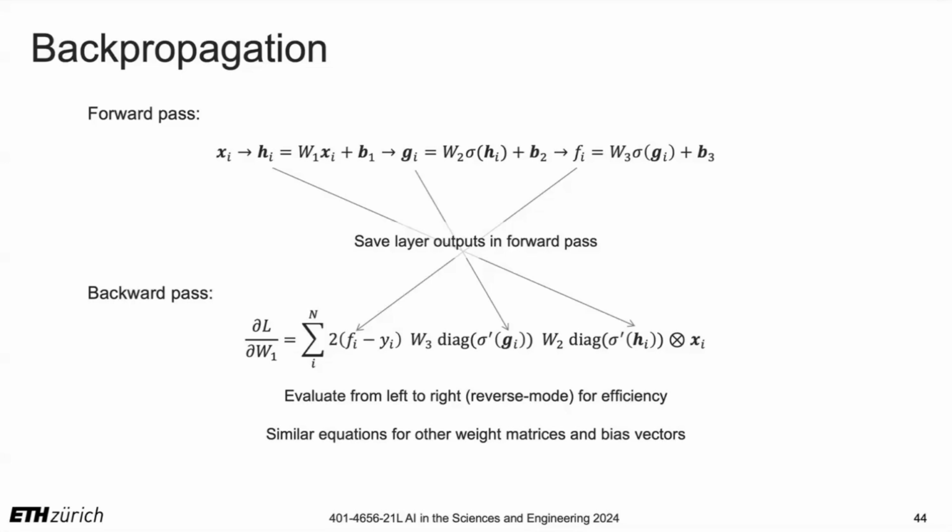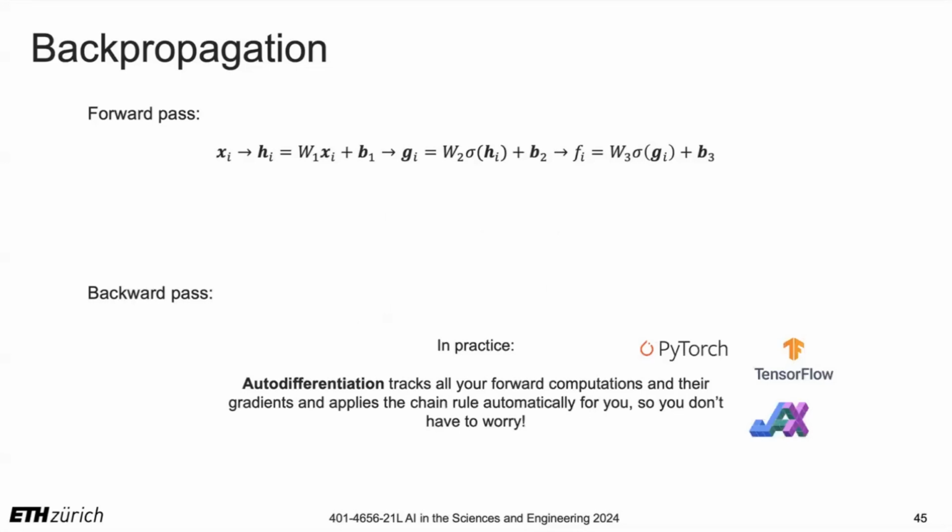You can derive similar expressions for all the other parameters of the network. In practice, we're going to use auto-differentiation to do all of this for us, and we don't have to worry about this when we're practically coding neural networks. All we have to do is define the forward function of the model, and auto-differentiation in PyTorch or TensorFlow will evaluate that gradient and help you train that model automatically.